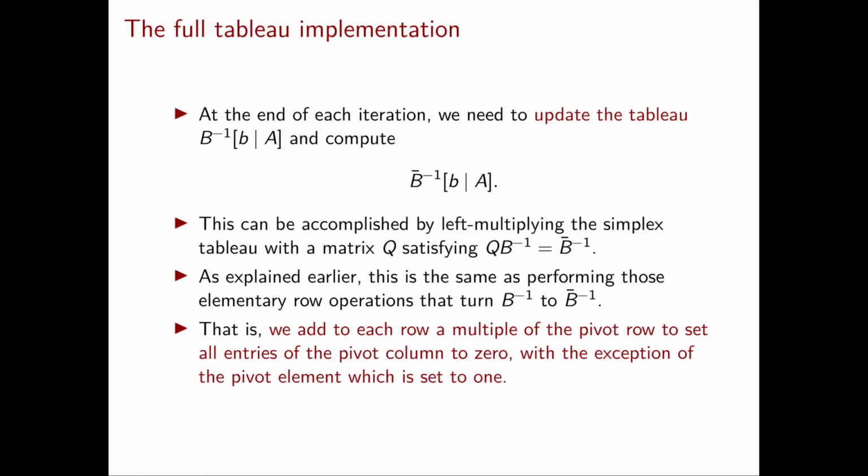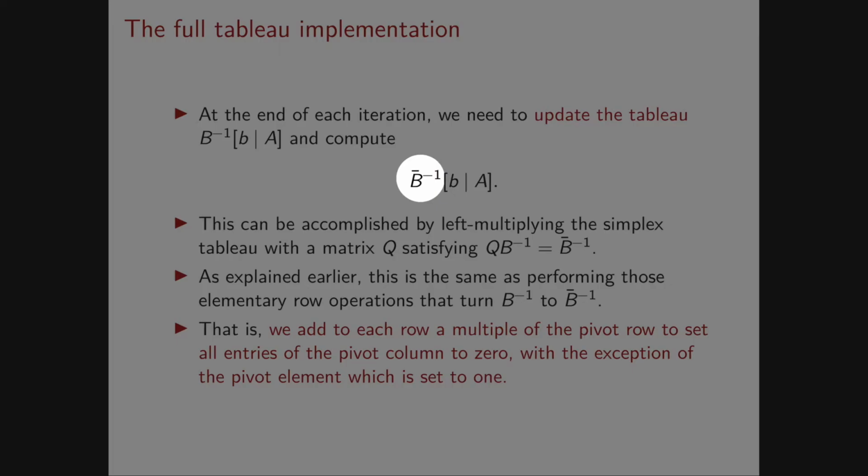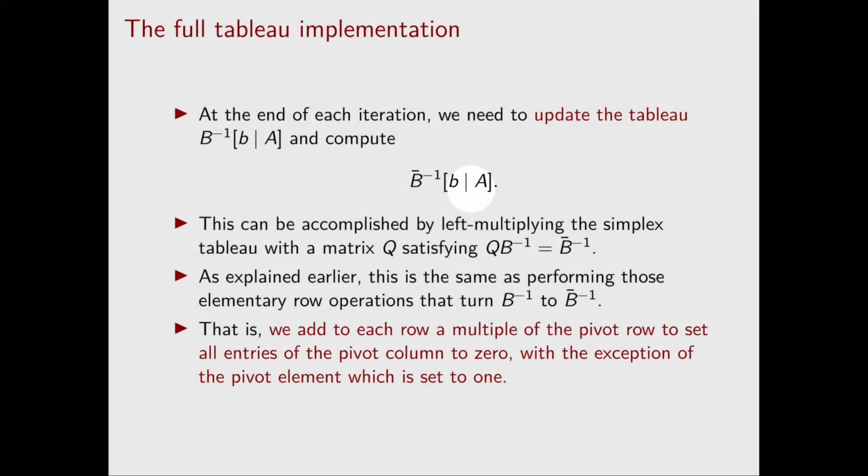Here it is. Therefore, everything we need to do in an iteration of the full tableau implementation is to update our tableau from B inverse bA to B bar inverse bA. Given what we have understood in the revised simplex, this is very easy.